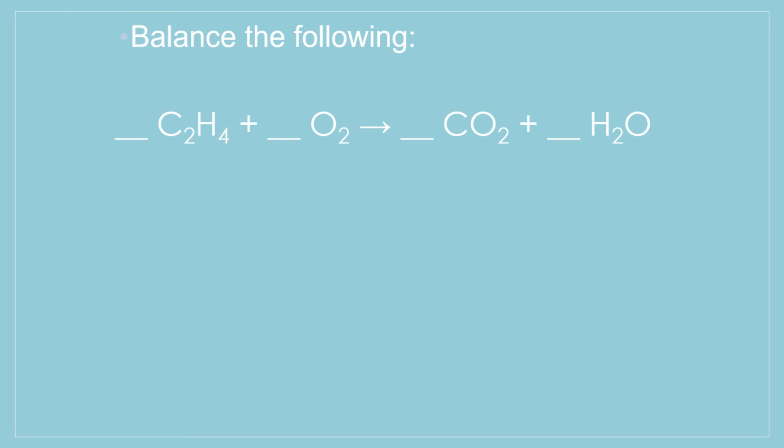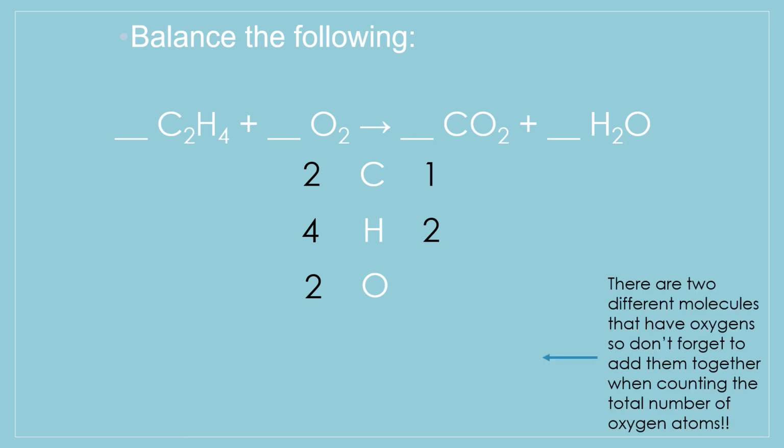So time to balance this equation here. I have C2H4 plus O2 yields CO2 plus H2O. Listing my elements, y'all. C, H, O. Counting my atoms, 2, 4, and 2. Now on the other side, 1, and for hydrogen I have 2, but look y'all, oxygen has 2 places.